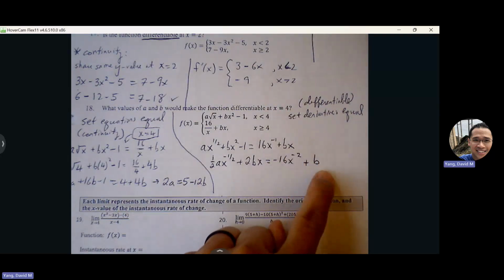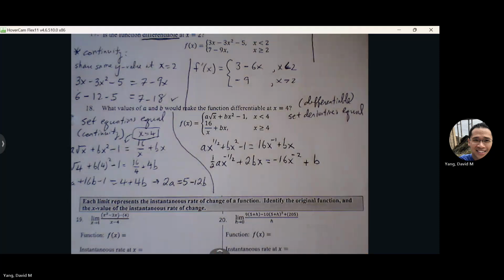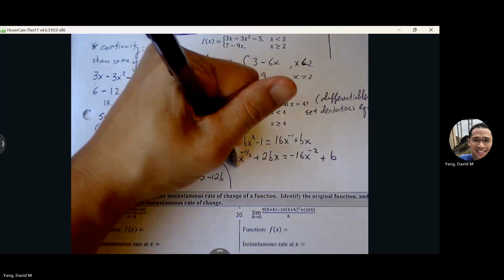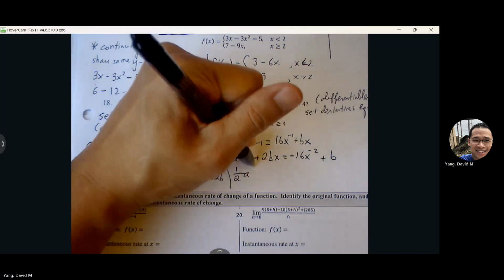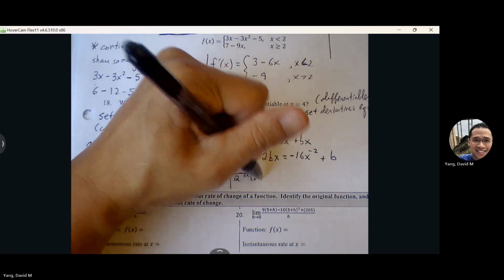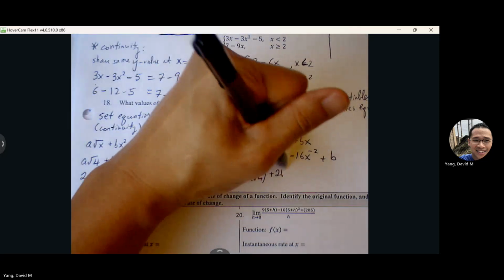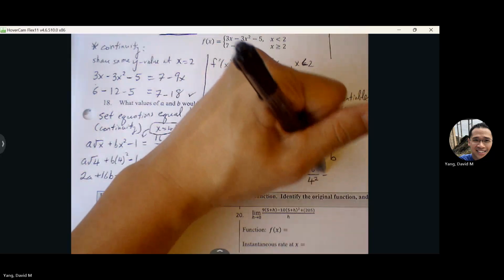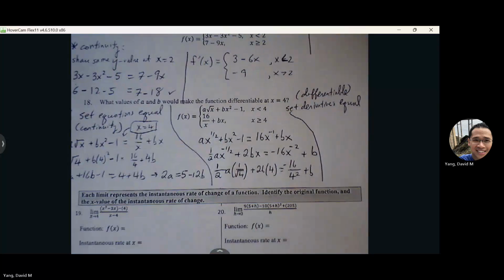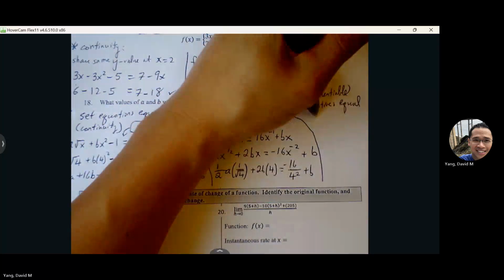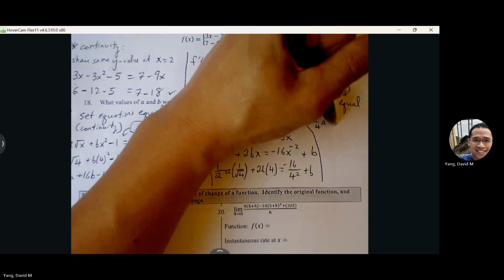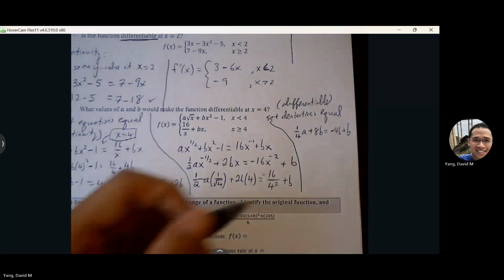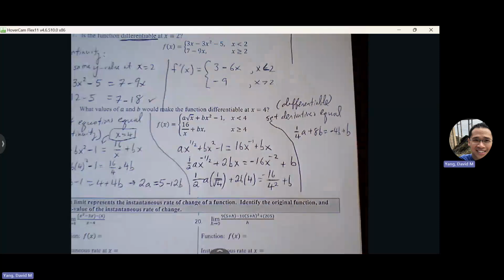So therefore, BX will become B. Go ahead and replace every x you see with 4. Sorry, -1.